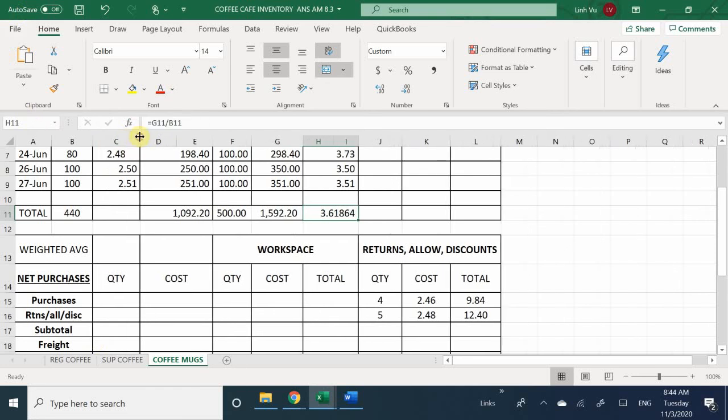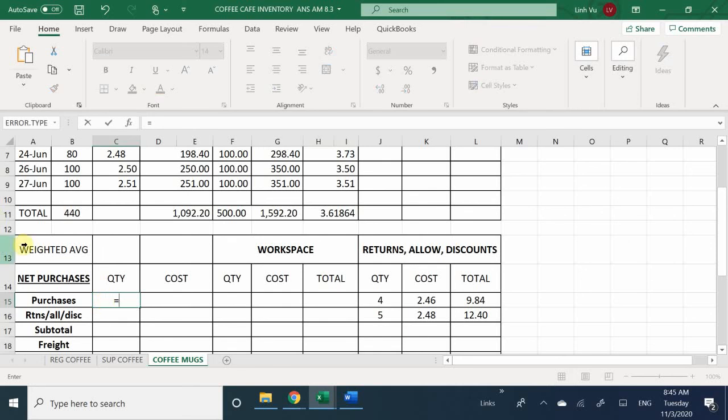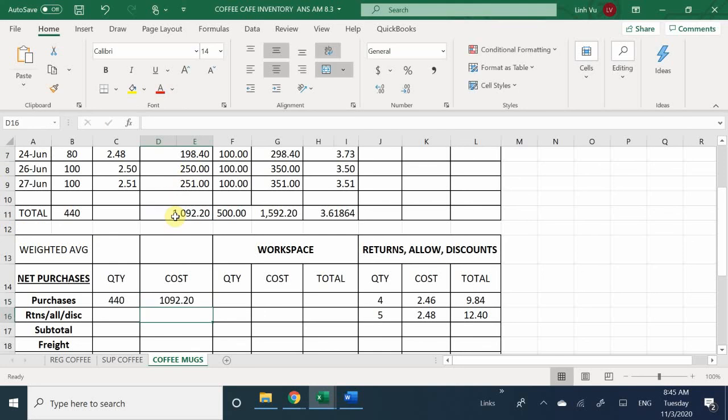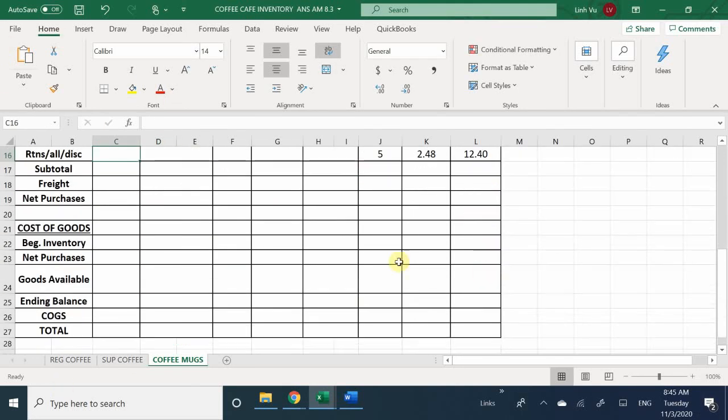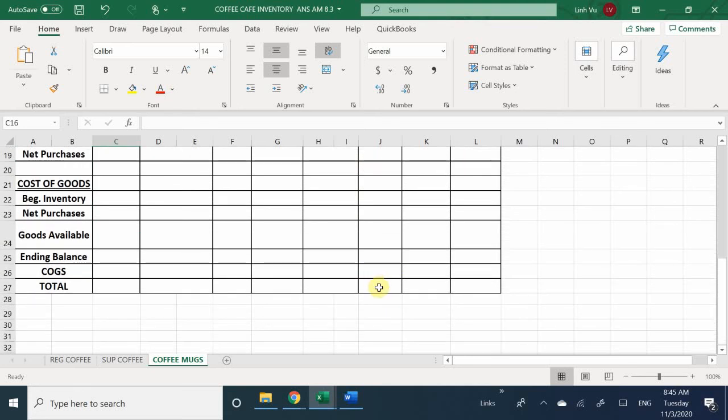Okay, so let me expand this. What is my total quantity of purchases? 440, at how much before freight? 1092.20. Now, do I have any returns and allowances? Yes. Let me total these up.